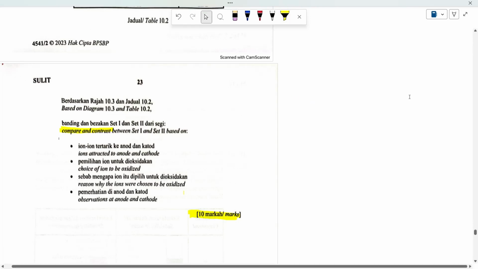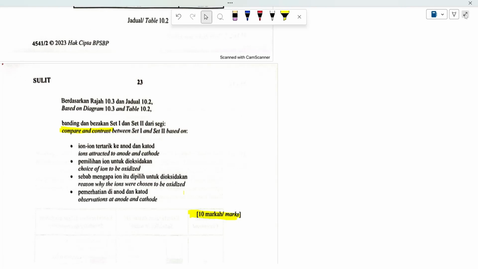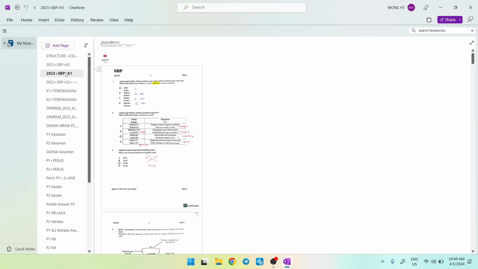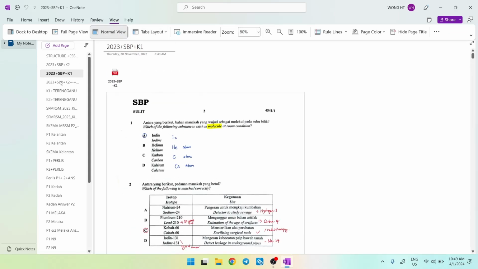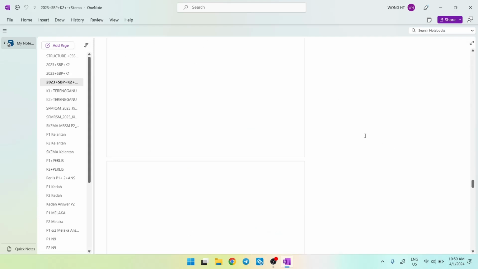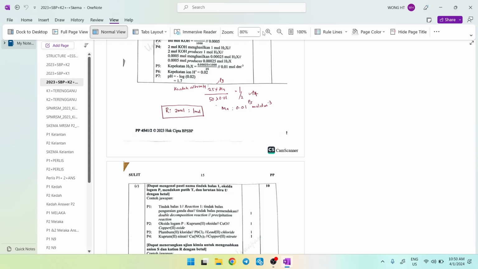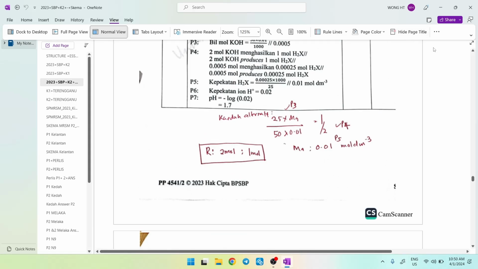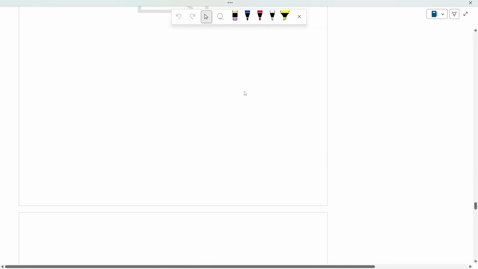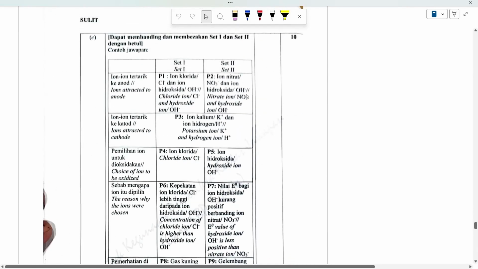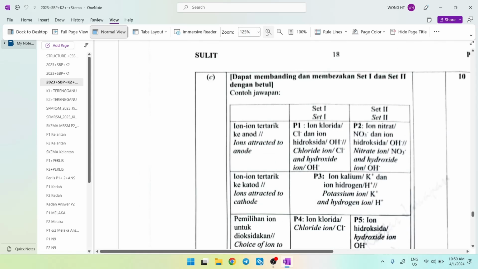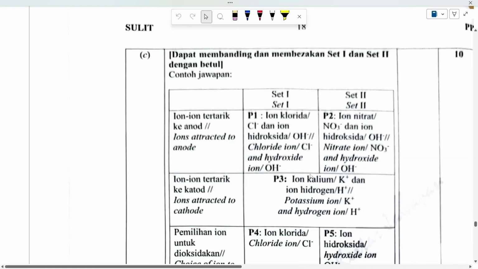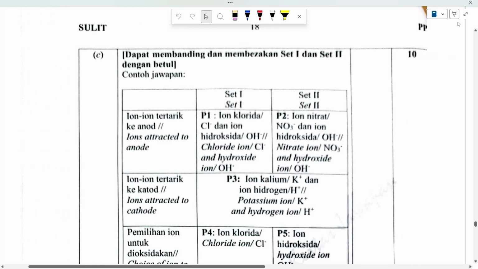Okay, and now let's see how to compare the... Okay, so now class, we look into the comparison.